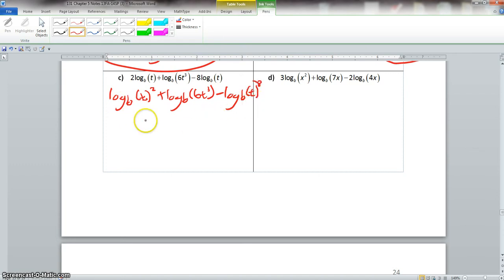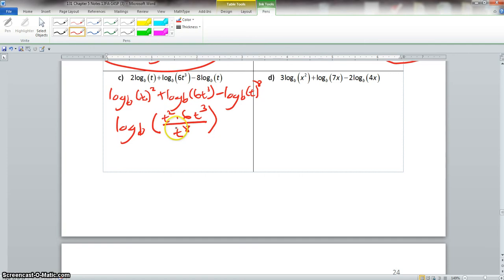Now we can combine all of these. We know first we would start off with multiplication and end with division. So we will have log base b, and in parentheses we have t squared times 6t to the third, and that is all over t to the 8th, as all of them have the same base.